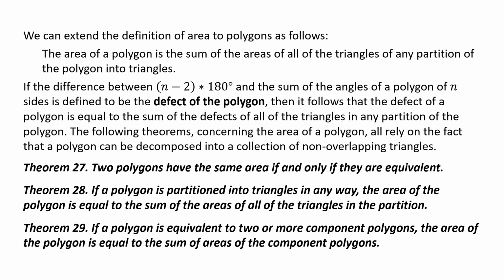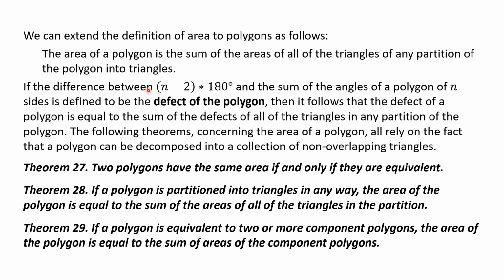Given our early analysis of polygons, where we showed that we can always subdivide a polygon into a collection of disjoint triangles, we can now define the area of a polygon as just the sum of the areas of the triangles in any given partition of the polygon. We can also define the deficit of a polygon. I have that here.